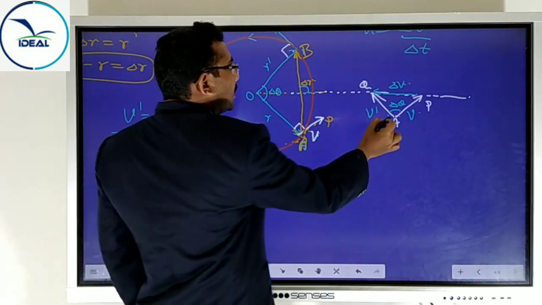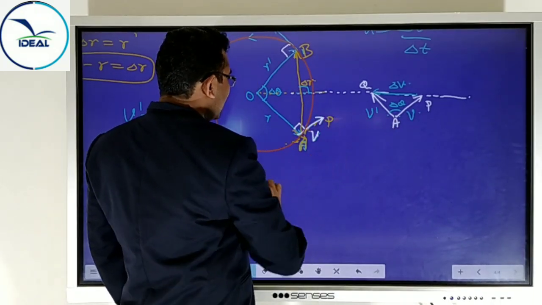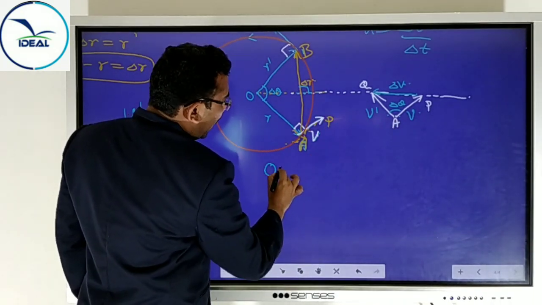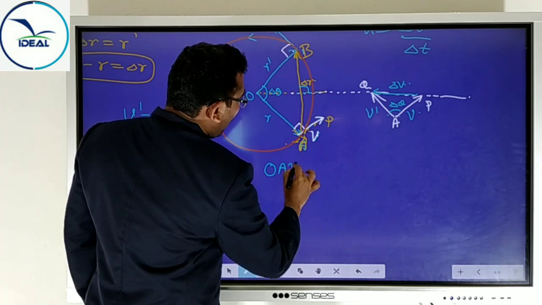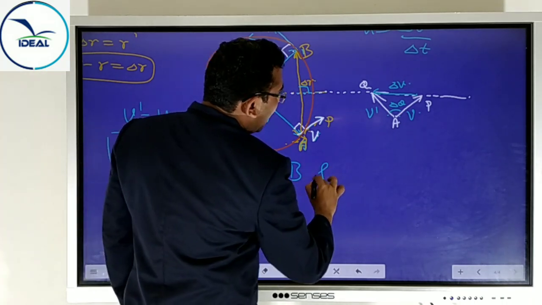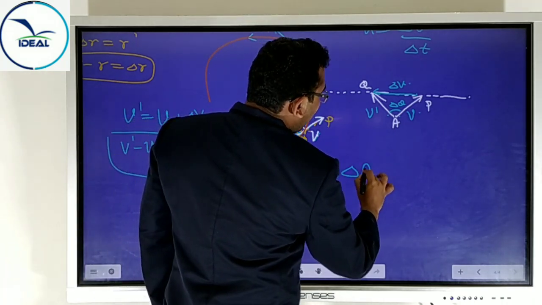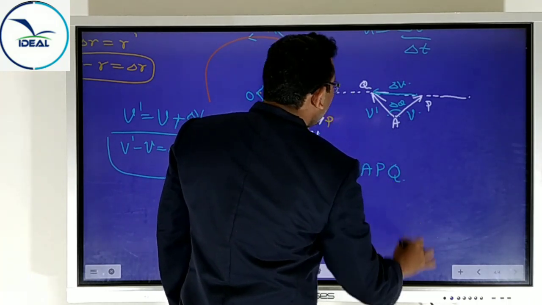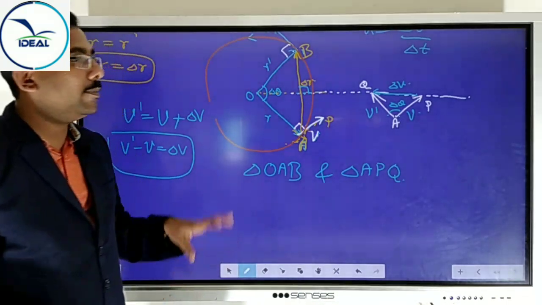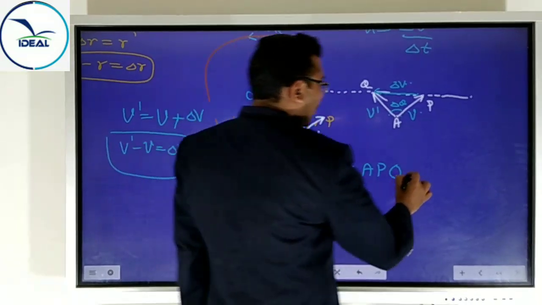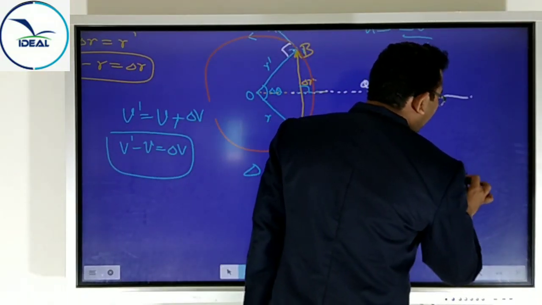So the triangles OAB and APQ are similar triangles.